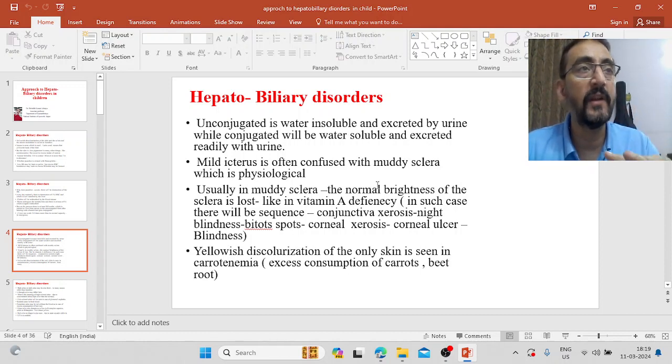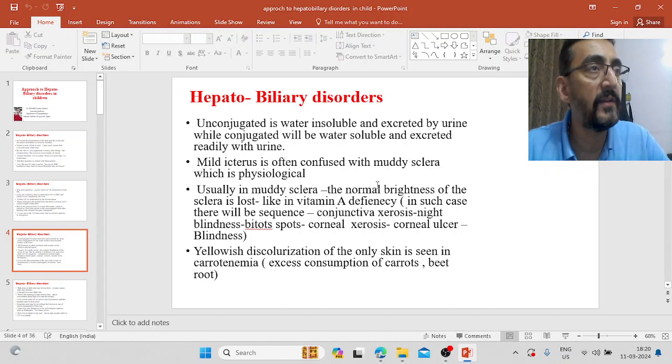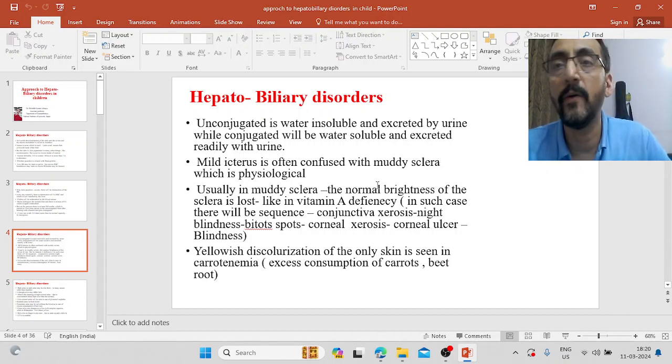Now, two things are required. One is that the toxic material has to be converted into non-toxic, and the water insoluble material has to be converted into water soluble. Only then can this bilirubin be excreted from the body, either through the fecal material, or through the urine or some other route.